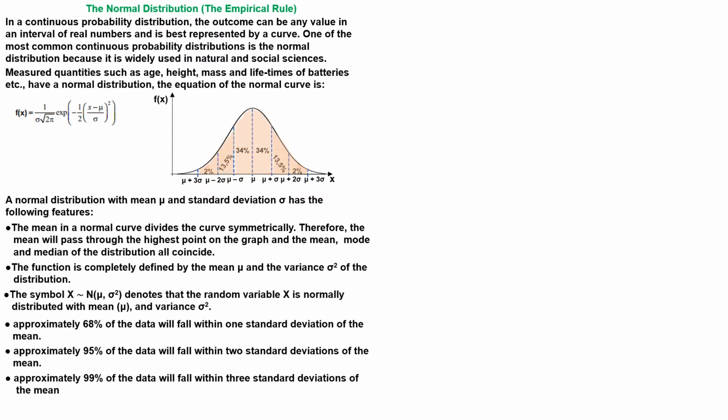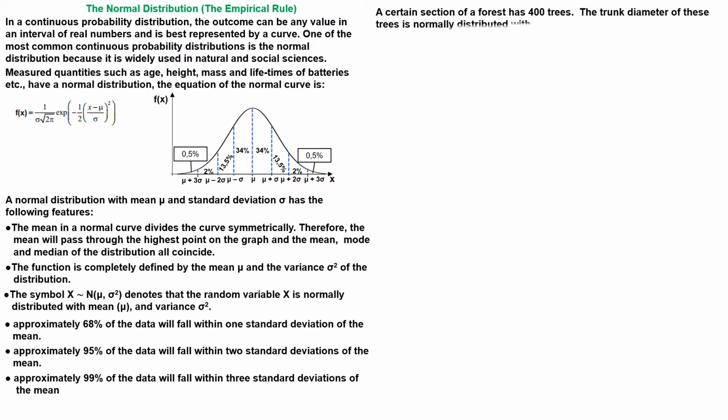We now draw a few normal distribution examples using the empirical rule. A certain section of a forest has 400 trees. The trunk diameter of these trees is normally distributed with a mean of 120 centimeters and a standard deviation of 20 centimeters.